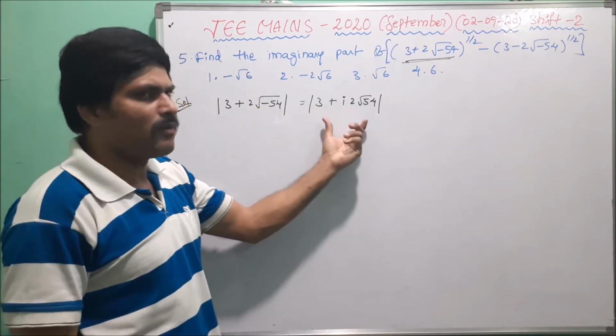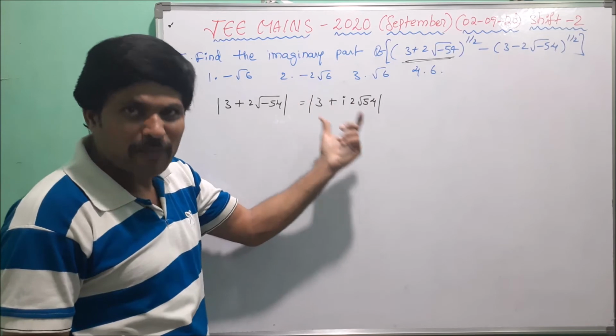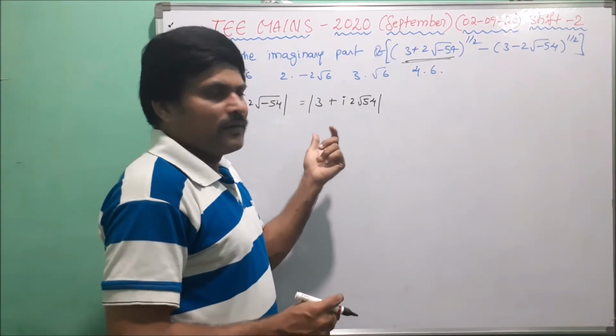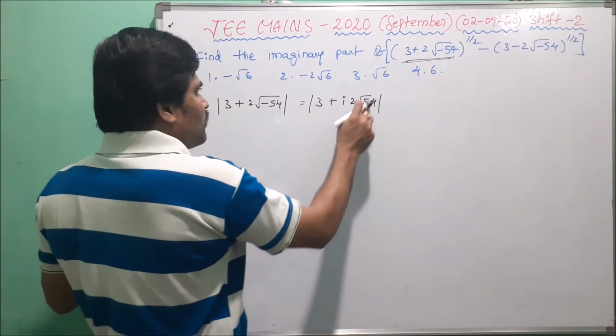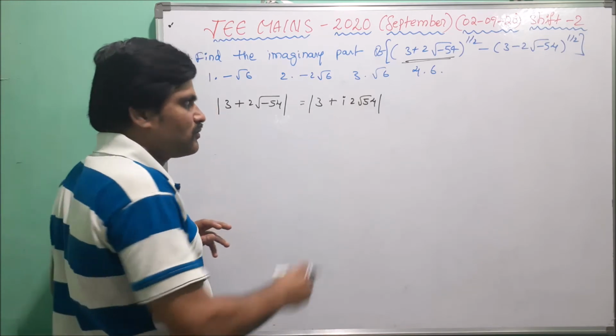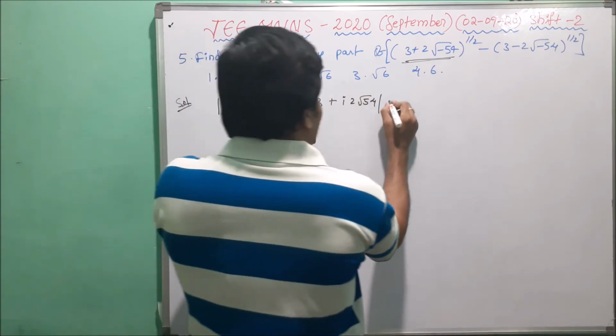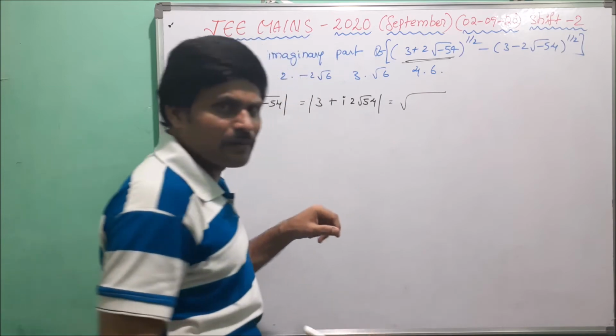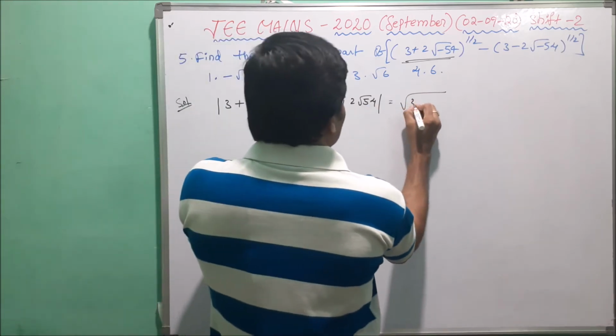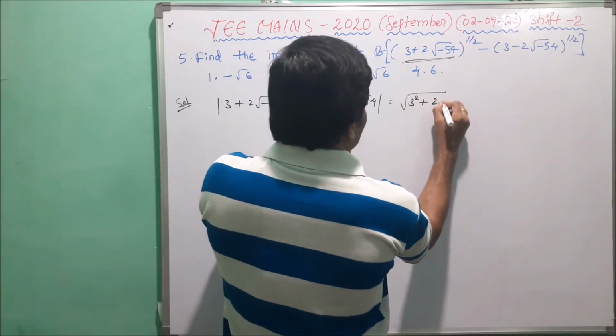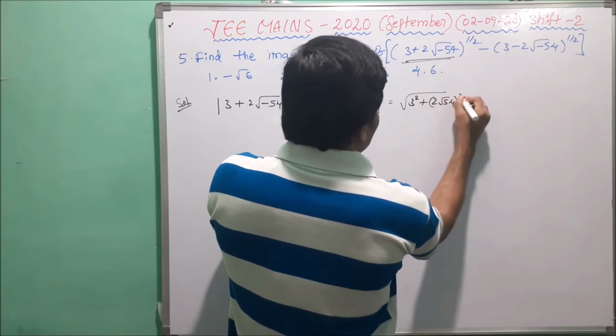So this is of the form a plus ib, which is a complex number. So here first to find the modulus value, the modulus of the complex number can be written as square root of a square plus b square. A square means 3 square, plus b square means 2 root 54 whole square.